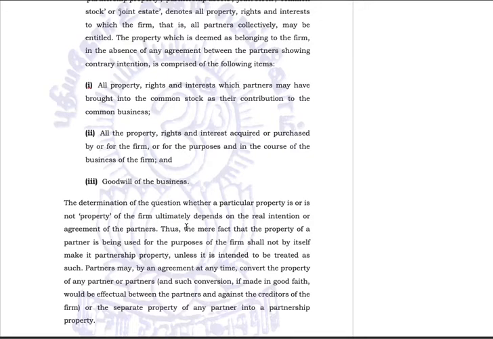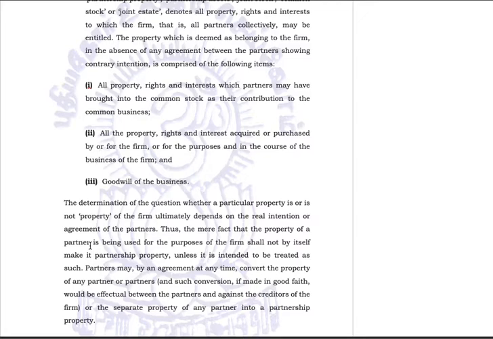Because the mere fact that the property of a partner is used... suppose I am a partner and I have a spare shop with me, and I let the partnership use that shop as a business office for the firm. It will not automatically become the firm's property. It is my property.